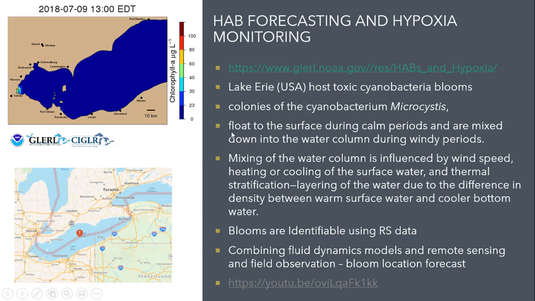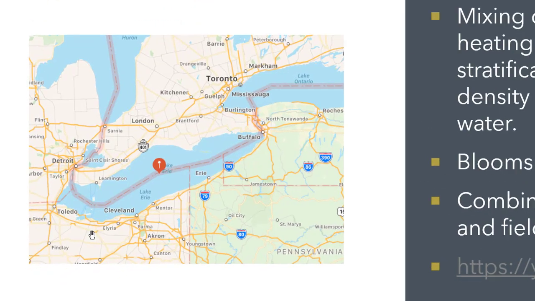So this is Lake Erie, okay, around you can see Detroit, you can see Cleveland and Buffalo. These lakes, as part of the Great Lakes, usually have this harmful algal bloom regularly, and often it's as a result of nutrients coming into the lake from human activities, farmland, effluents and things like that.